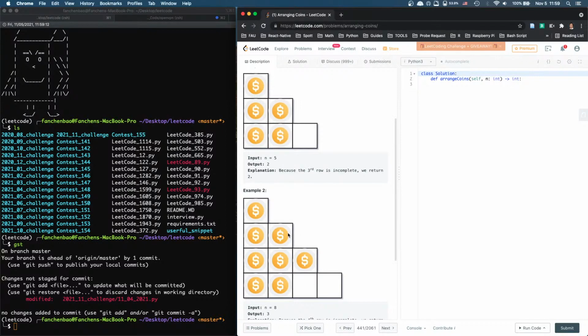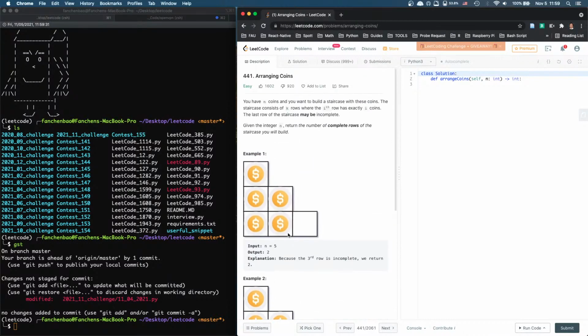Which means x squared plus 3x minus 2 is larger or equal to 2n. So we get this value, and then we need to find what will be the x, the number of rows.